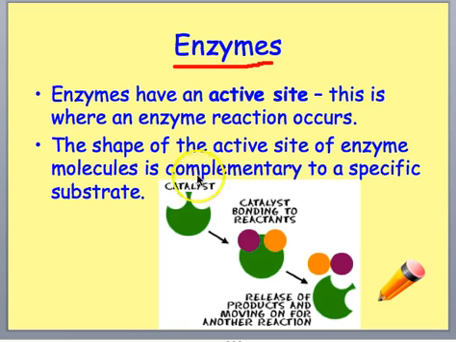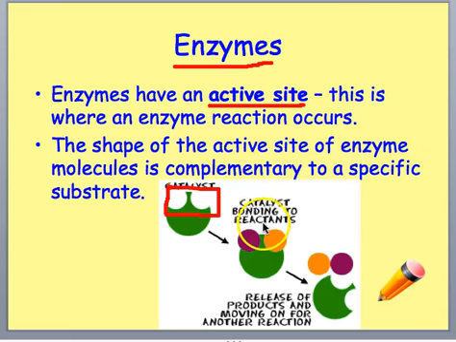More specifically, they have an area on them, like here, which is called an active site. That active site is a specific shape that will fit onto the substrate that the enzyme reacts with. So the shape of the active site on the enzyme is said to be complementary to a specific substrate.